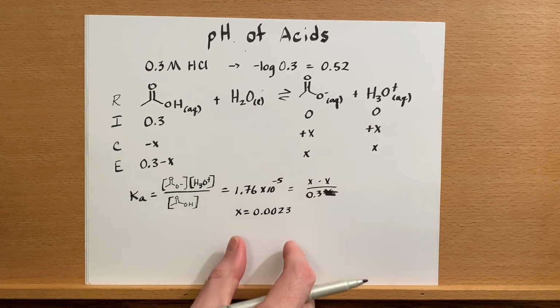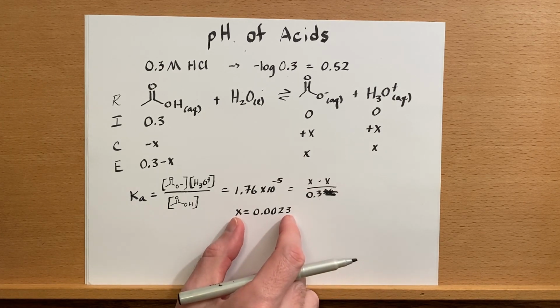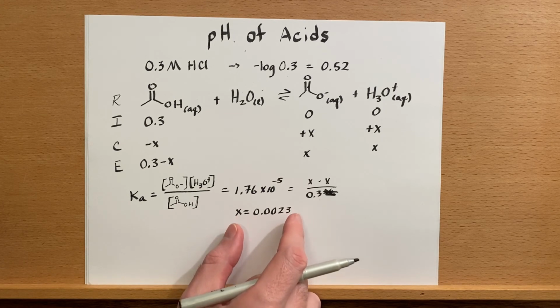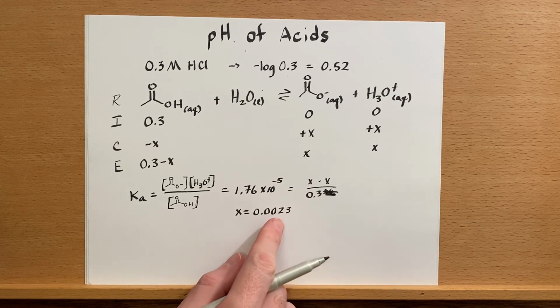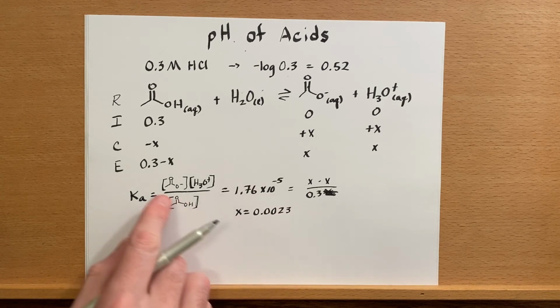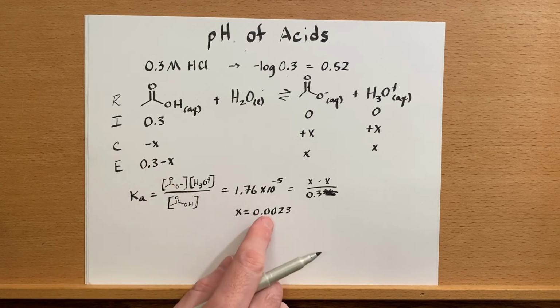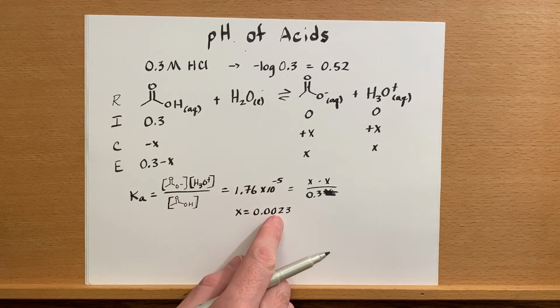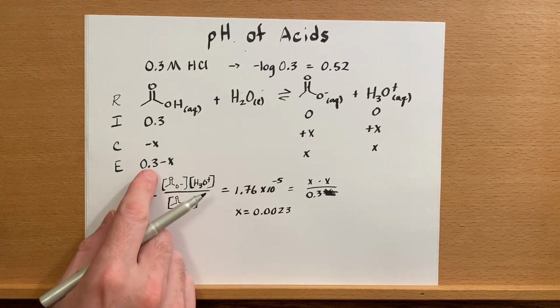Now, we look at this and we say, what does that mean? Well, first we can ask ourselves if the minus x part was significant. And 0.3 minus 0.002 is not that much different than just leaving it as 0.3. And so that assumption was probably okay.